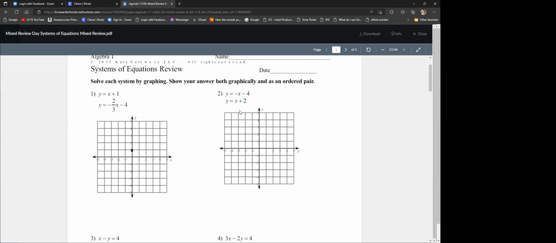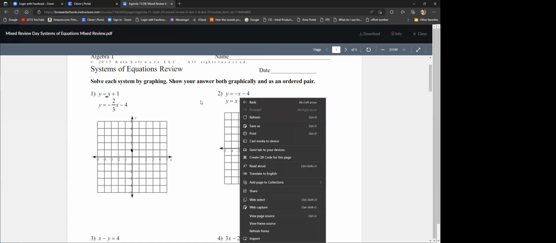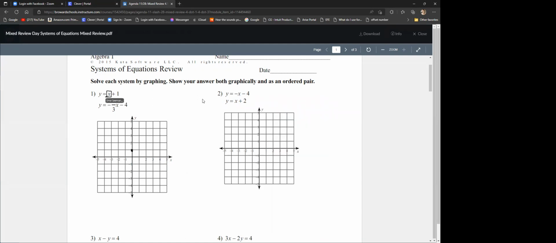What's the coefficient right here? Oh, 1. Okay, so it's 1 over 1, right? That's the same thing as 1, right? Rise over run, 1 up, 1 over. Yeah, exactly. So 1 up.